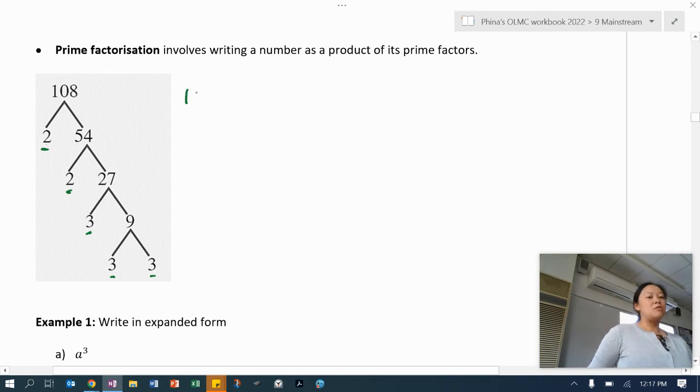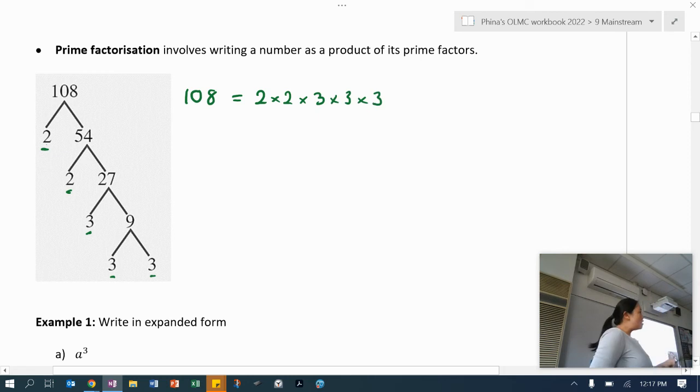So then the way we can write this, we can say 108 is equal to 2 times 2 times 3 times 3 times 3. So if we multiply all those prime factors together, it makes 108. And you can put it in a calculator if you want proof that it makes 108.